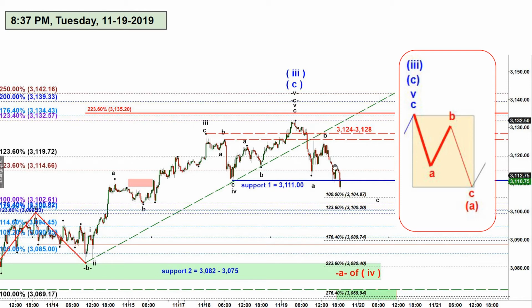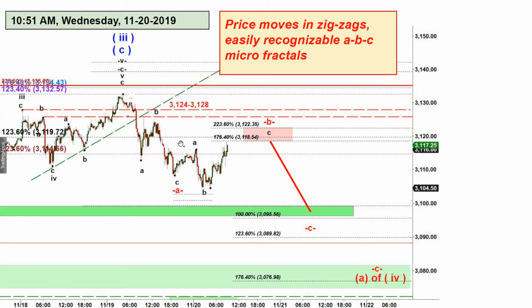We got our drop the very same day, Tuesday, 8:37 p.m. Eastern Time, and this is the model ABC down, and this is the actual price chart ABC. Once we get that ABC down, we normally expect ABC up, and sometimes that ABC up plays in a tricky way because it's a so-called expanded flat structure where subwave B down manages to make a new lower low under the preceding ABC down.